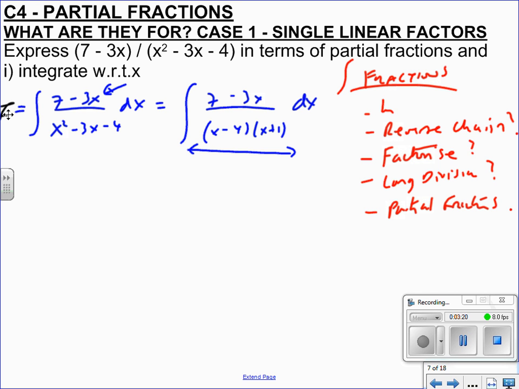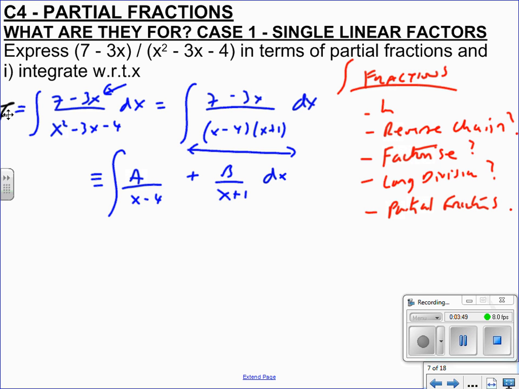So how we split this up is we're going to put this into one constant over x minus 4 plus another constant over x plus 1. So this is what we're integrating now. And the idea is we want to find a and b and their constants, and you can clearly see that then we can ln each of the integrals would be ln based.